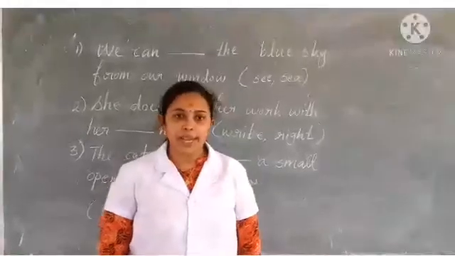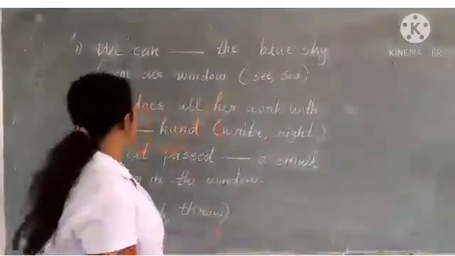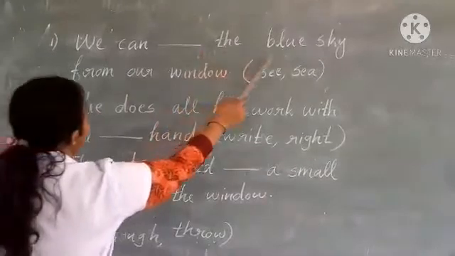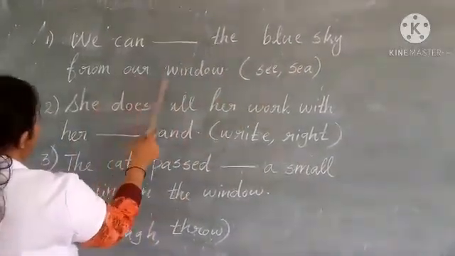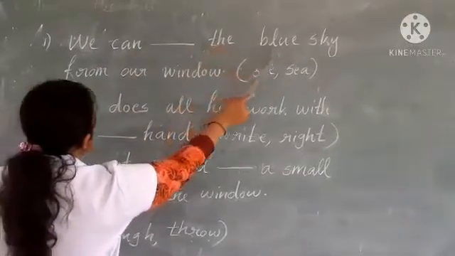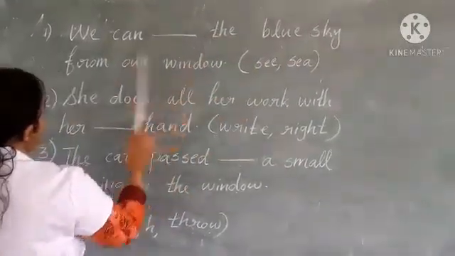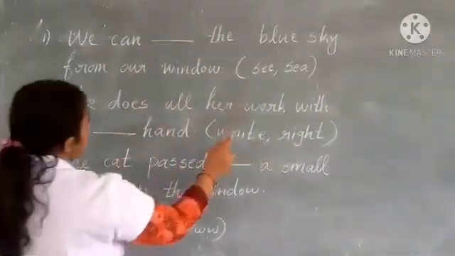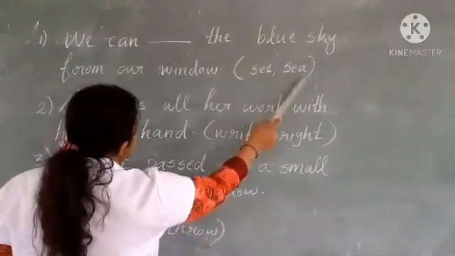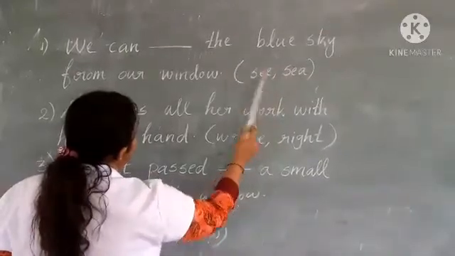Let us see more examples. Look at the board. The first sentence: We can dash the blue sky from our window. In the bracket they are given the words S-E-E and S-E-A. These are homophones.